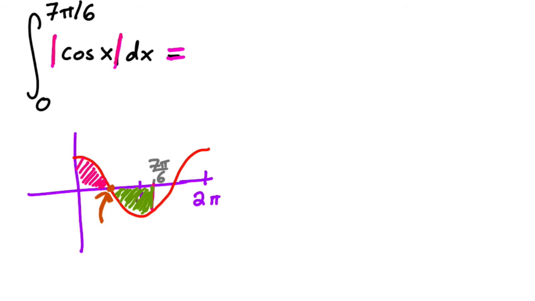So this is going to be equal to the integral from 0 to this mystery point of cosine. And then this part right here, instead of adding it, you're going to subtract it, because it's going to come out negative. You subtract it so that you can make it positive.